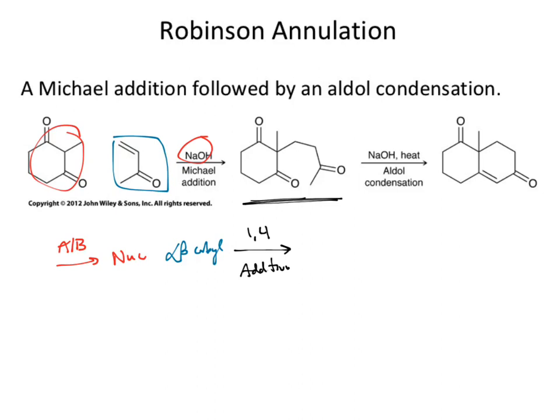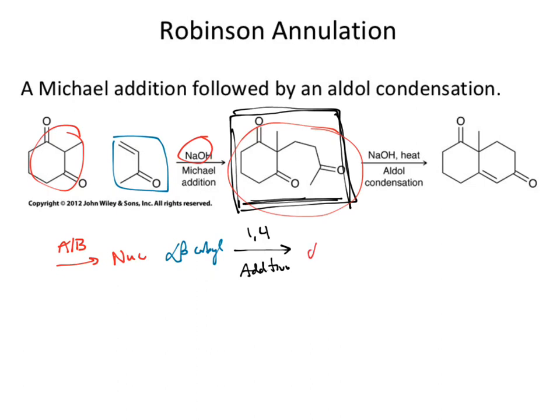Okay, what happened in the next step? Okay, an aldol condensation. Why? That black product has what in it? It has a carbonyl that's indirectly useful. It has alpha hydrogens.